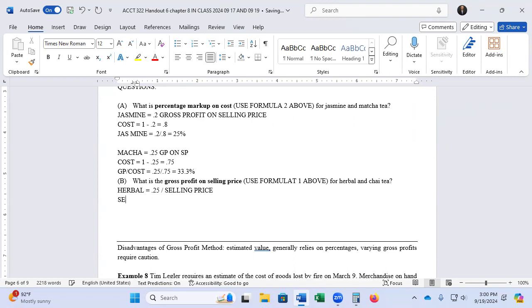And so our selling price equals cost plus 25% of cost. So this equals 1 plus 0.25, or 1.25.